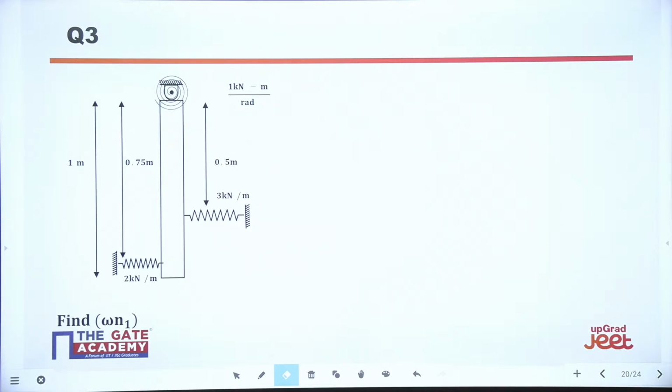If you see the previous year GATE questions, you will see this kind of question in which we are supposed to give the angular disturbance initially, in which we give the angular displacement initially. They are getting asked in abundance. Let's try to solve it.